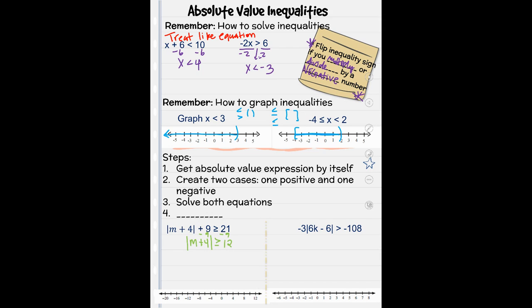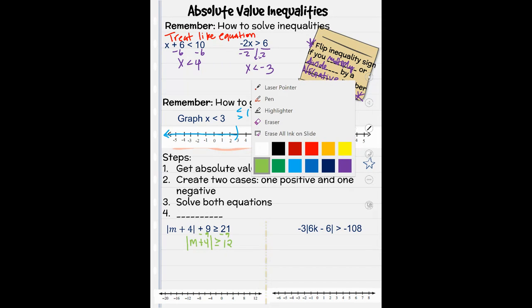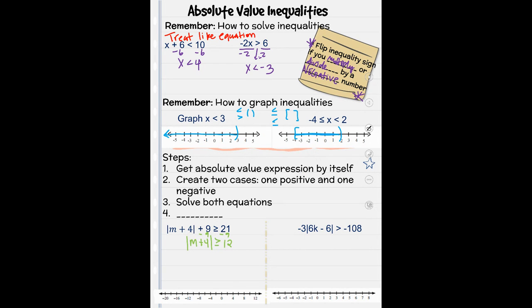All right, this says to create 1 negative and 1 positive. And this is one of the parts that's going to change. We've got n plus 4 is greater than or equal to 12. N plus 4, this is the one that we're going to do negative. So technically, when we change that 12 to a negative 12, we are, depending on how you look at it, dividing or multiplying by a negative number.